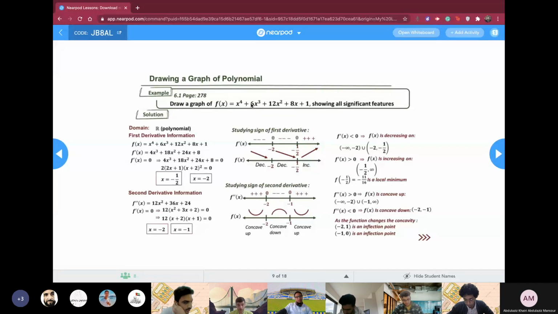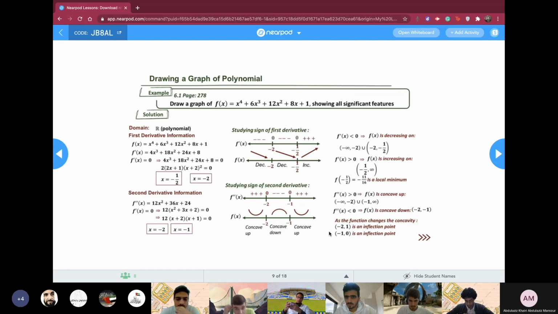Okay, that's right. Then we have to find the zeros. That's called critical points. Who can help me with it? That's right. The next step, we draw a number line and we place the numbers that we just found, and check the signs from the right and the left using our calculators.